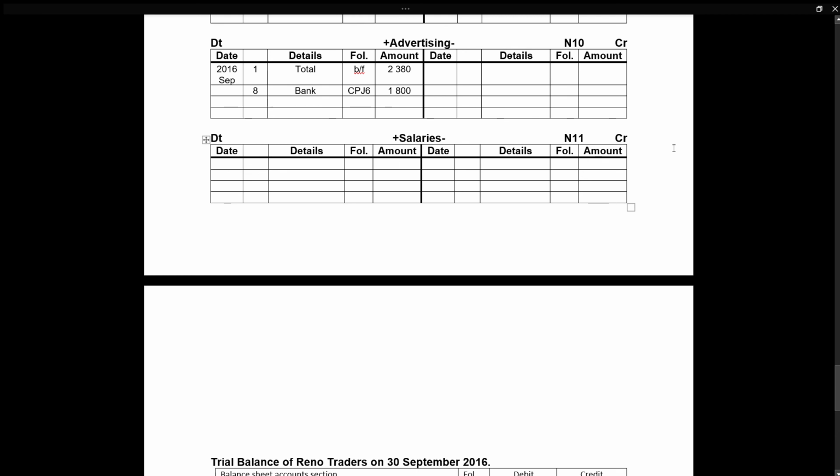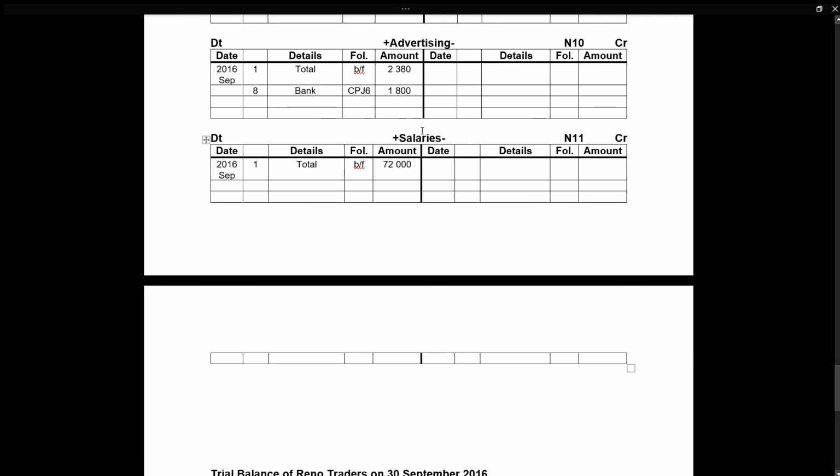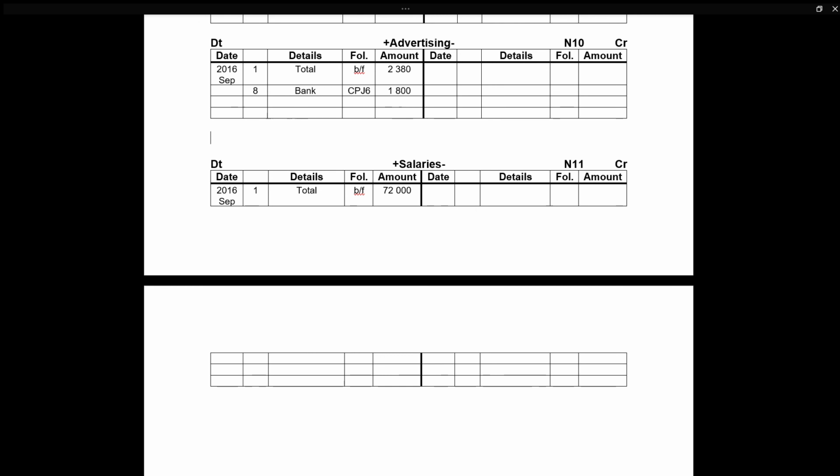Right, so opening total of 72,000 rand. Brought forward. Details total. On the 1st of September 2016. So let's just put it on the next page.